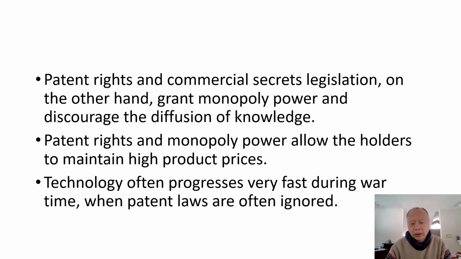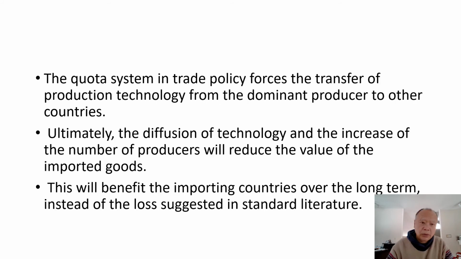Patent rights and commercial secrets legislation, on the other hand, grant monopoly power and discourage the diffusion of knowledge. Patent rights and monopoly power allow the holders to maintain high product prices. Technology often progresses very fast during wartime when patent laws are often ignored.